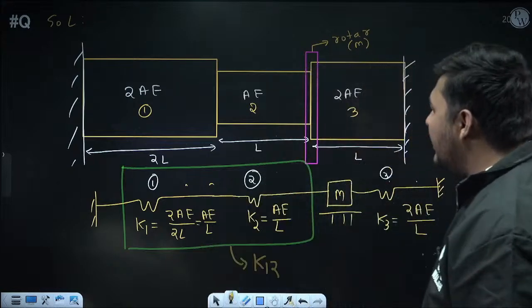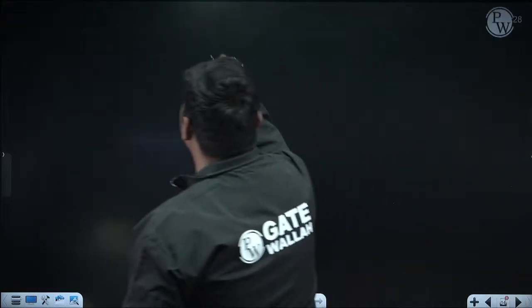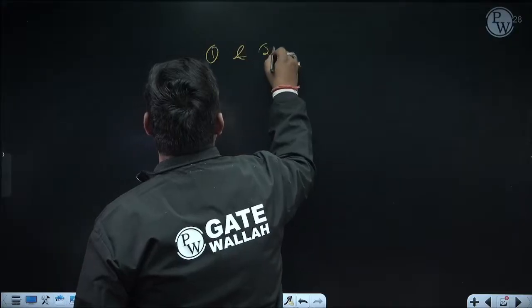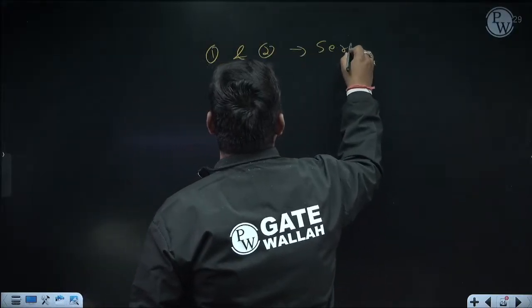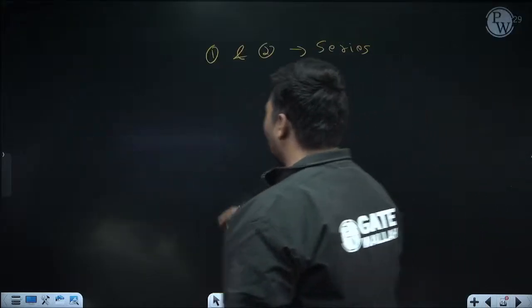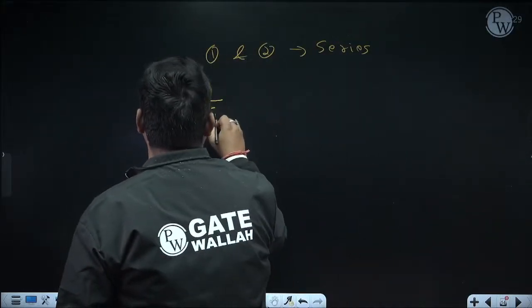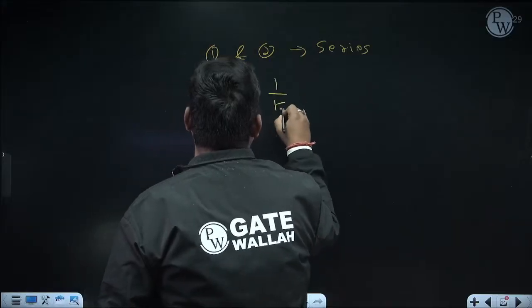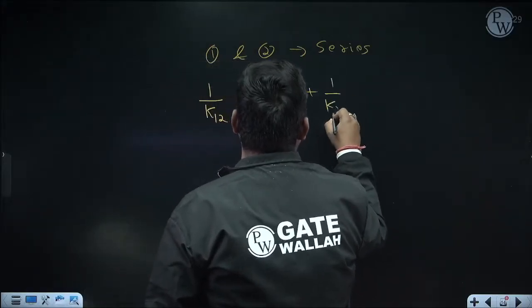Since 1 and 2 are in series because they have end-to-end connection, in series arrangement to calculate equivalent stiffness we use the reciprocal formula. 1 upon K12 will be equal to 1 upon K1 plus 1 upon K2.